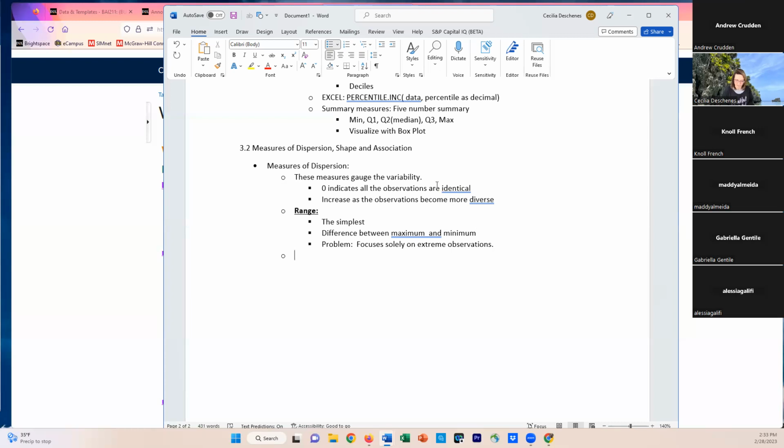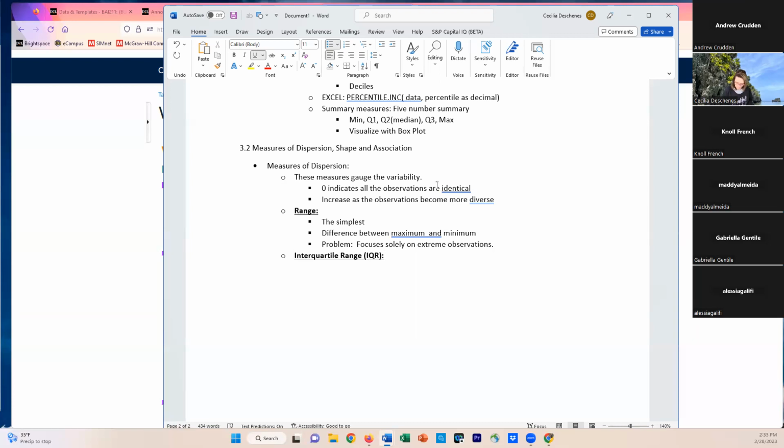Right. The next one that is related to it is the interquartile range. So I probably should write it out for your notes. Which we have talked about extensively, use this a lot.